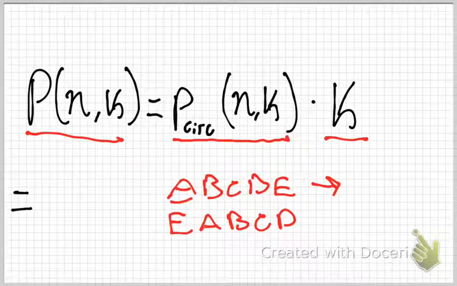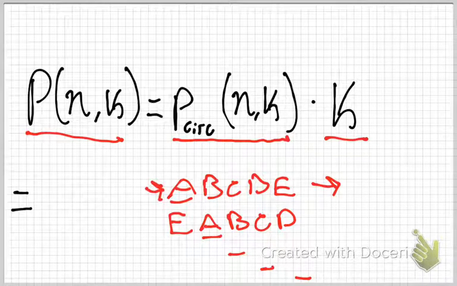Notice that in this one, A is in position 1. In this one, A is in position 2. And then there's going to be another one where A is in position 3, and then 4, and then 5. And then if we do it one more time from there, we'll be getting back to our original permutation. So that was the case when K was equal to 5.